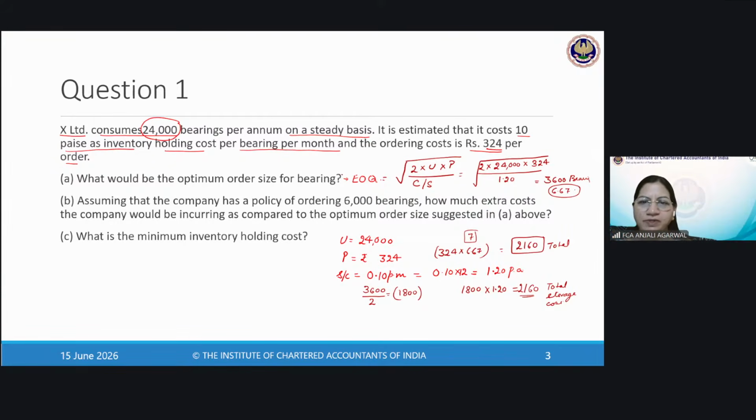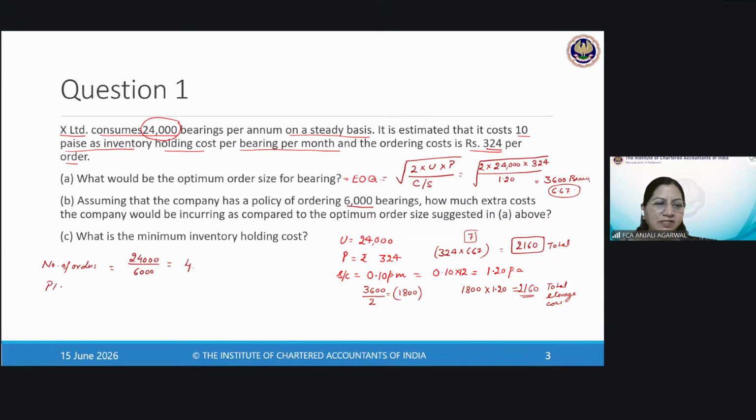So this is the optimum size of the bearing. Next, assuming that the company has a policy of ordering 6,000 bearings, 24,000 divided by 6,000, how many orders are you going to place? That will be 4.